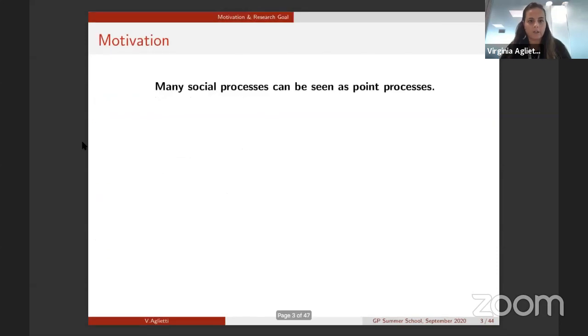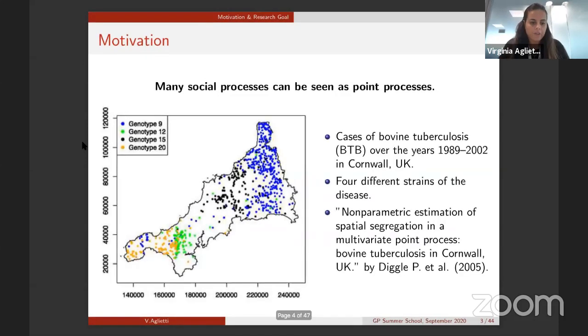Okay, so let's start with a bit of motivation. That also was the motivation at the beginning of my PhD. Now, many social processes can be seen as point processes, and I'll give you some examples. So the map here is the map of Cornwall, UK.